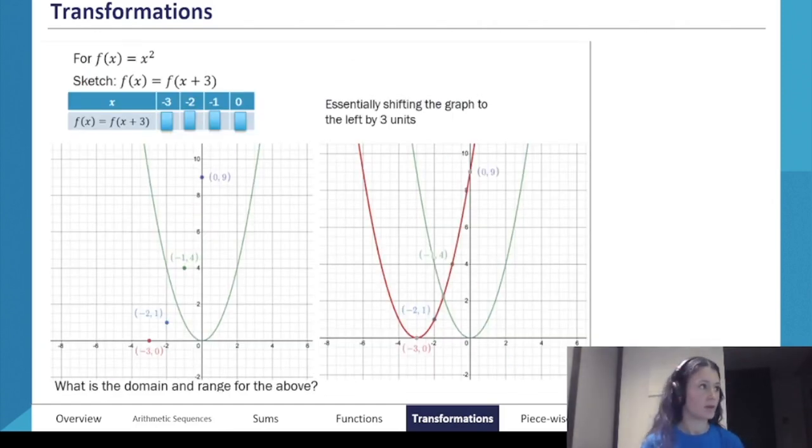Okay, so getting onto our horizontal transformations. Remember, when you add a constant in within the x for a function, you're going to cause a horizontal shift.